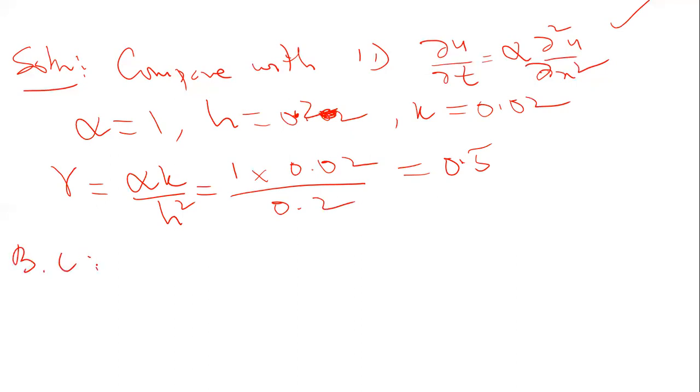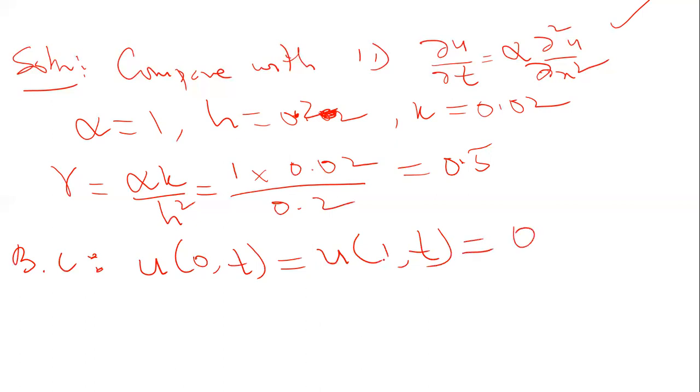So the boundary condition we have is that for all values of t, u is 0 for x equal to 0 and for x equal to 1. Let me write what it means here.